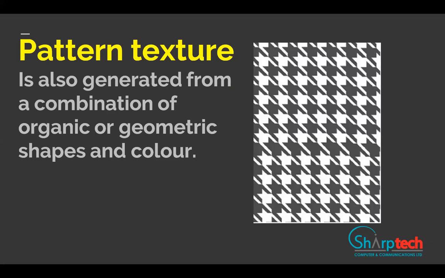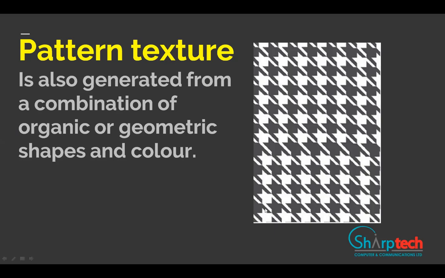Okay? So with pattern texture, you just realize that it is one or two items repeating several times in order for you to come up with what we call a pattern. So when you look at this particular pattern, there is only one geometric shape, which is this one.